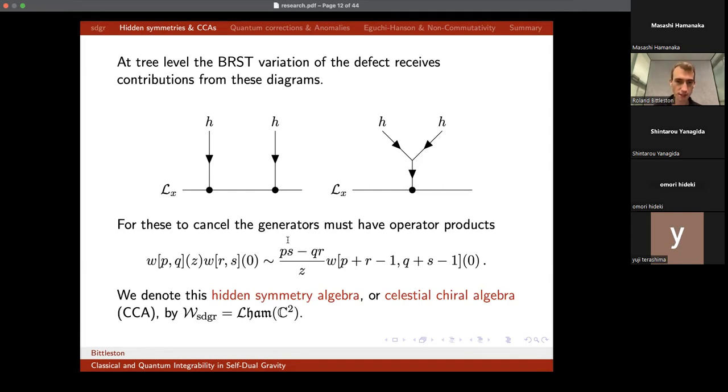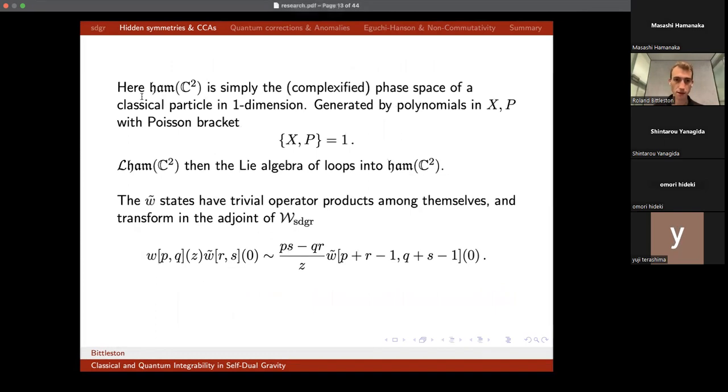The idea is that these structure constants might seem a little complicated, but they're actually very, very simple. Ham-C squared is the holomorphic Hamiltonian vector fields on C squared with its standard symplectic structure.